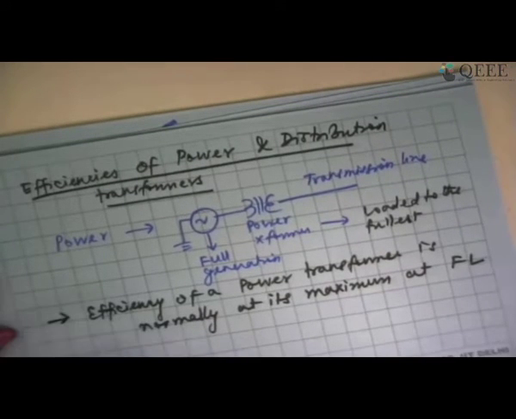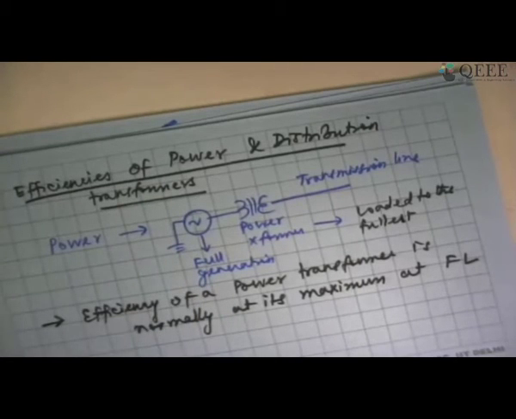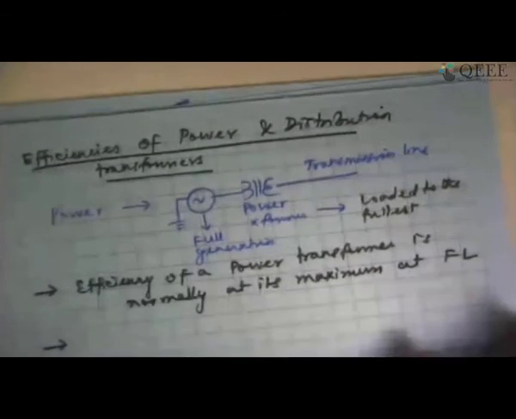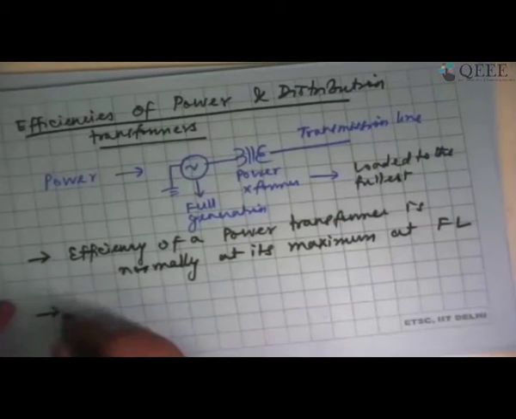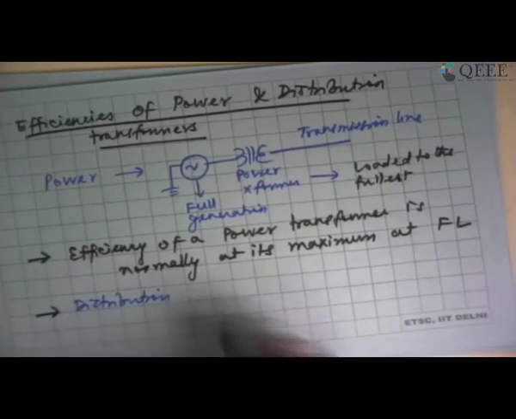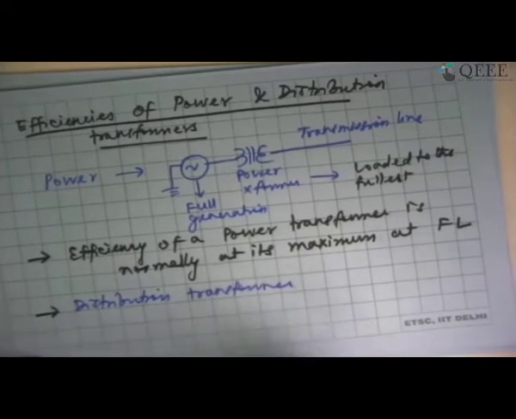Whereas if I look at a distribution transformer, whether it is supplying 10 houses or one house, it has to be always on. I cannot say that only one house is having electricity right now, others are not having anything on, so let me just switch off the distribution transformer. I can't say that.